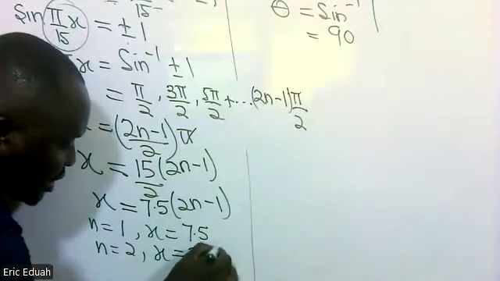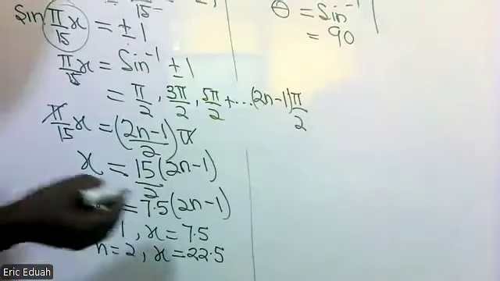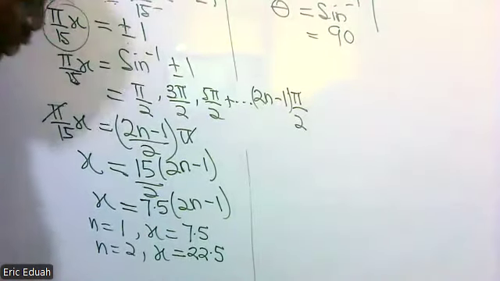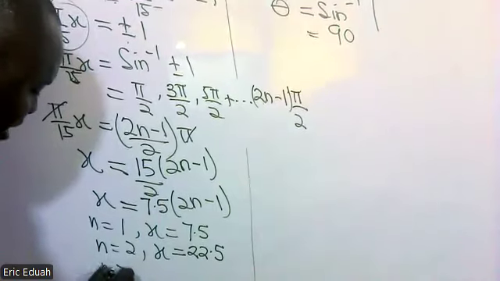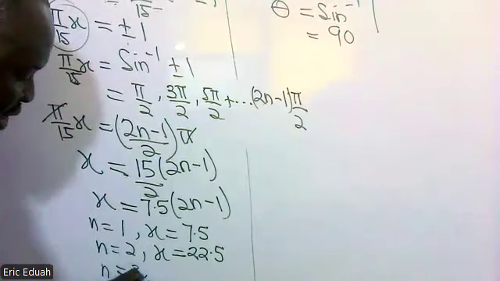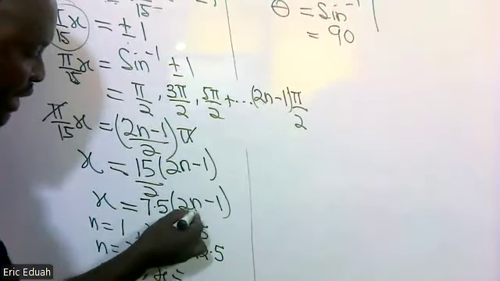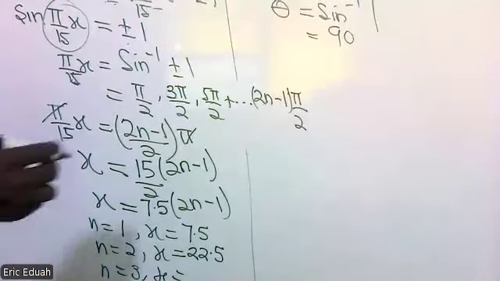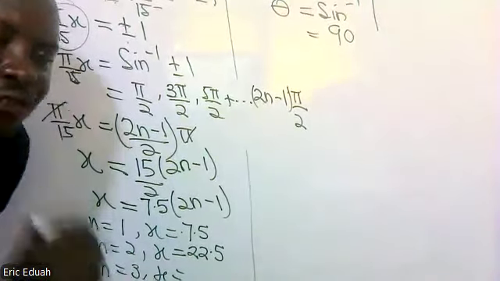Yes. So these are the different positions where antinodes can be located. When n is equal to 3, x will be equal to 7.5 times 5. Is that okay? So we have identified points where antinodes will be formed.